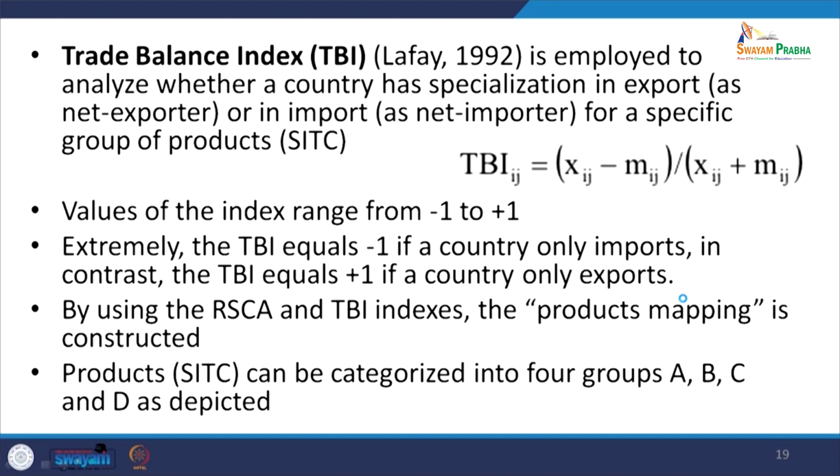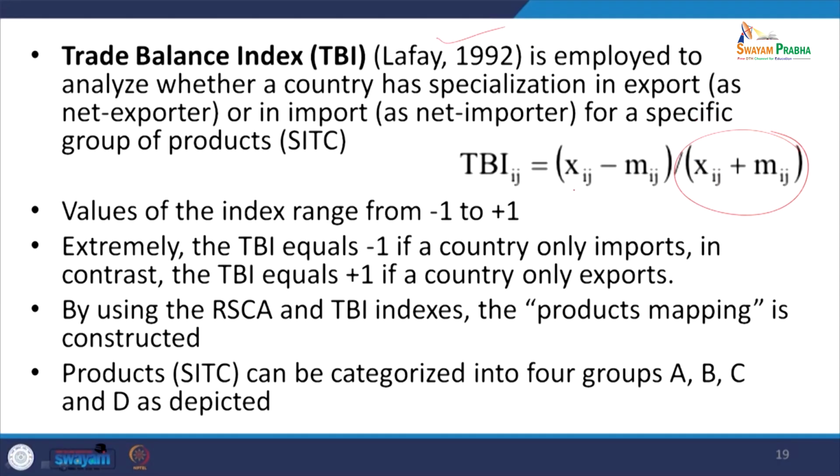Similarly, the trade balance index, TBI, as Lafay presented in a paper in 1992, largely takes a normalization: net trade to total trade, that is, exports minus imports out of the total gross trade.